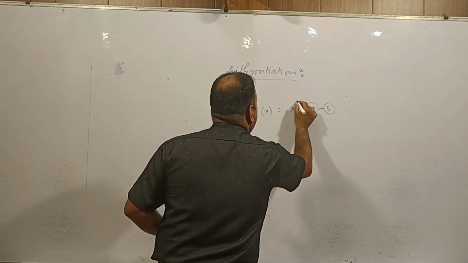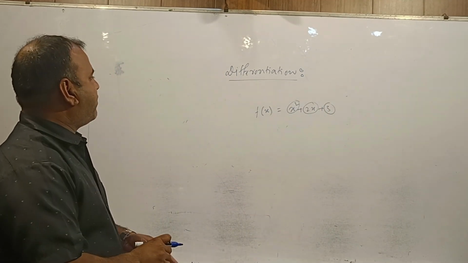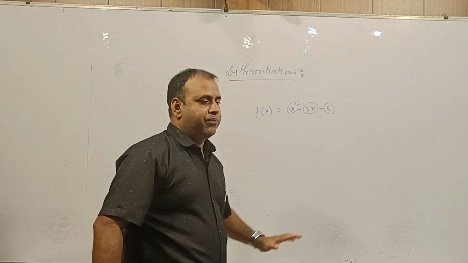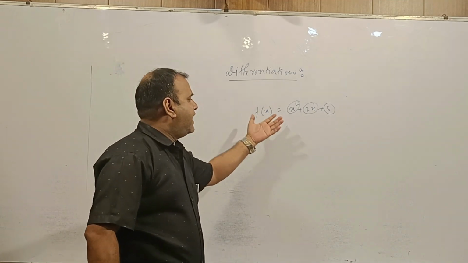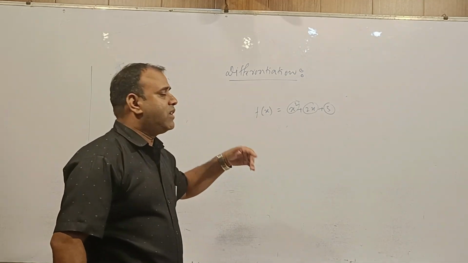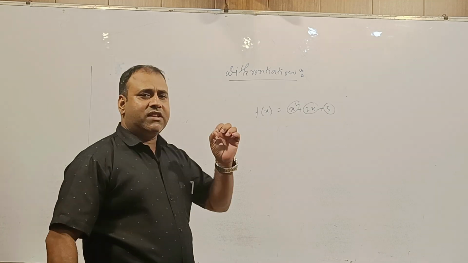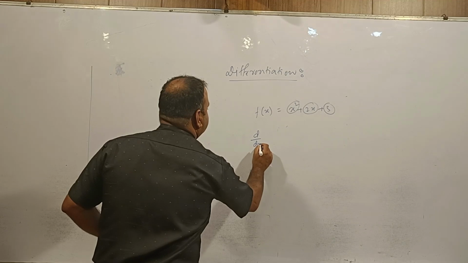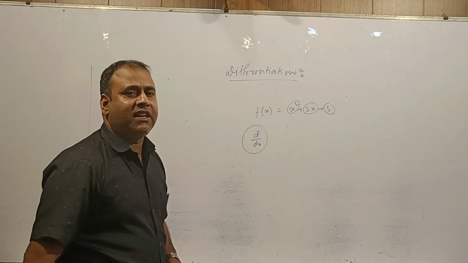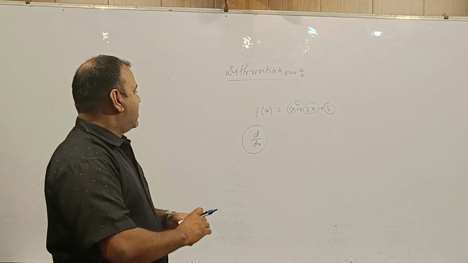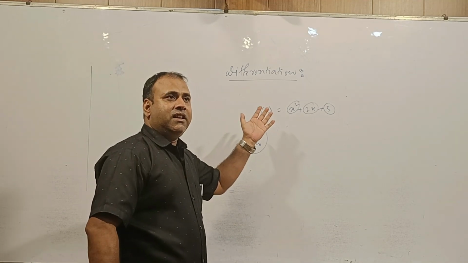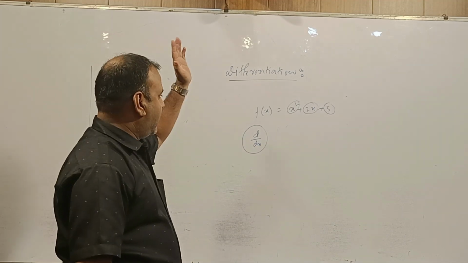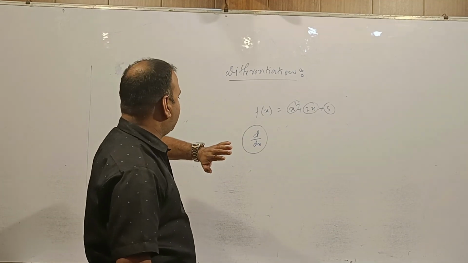Here you can see three terms, three functions I have mentioned: x square, 2x, and 3. Now how can you identify, justify, and analyze them? There is one symbol, d/dx. This symbol represents differentiation. So like the three girls, you have to identify individually, and finally conclude that one girl is more beautiful in all terms.